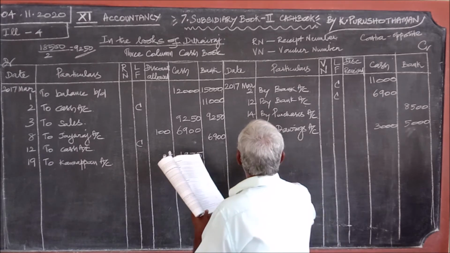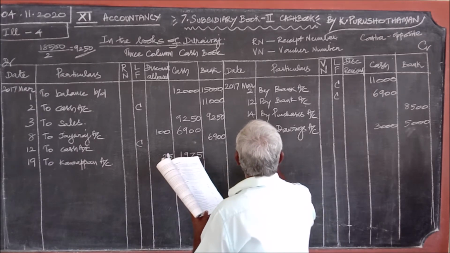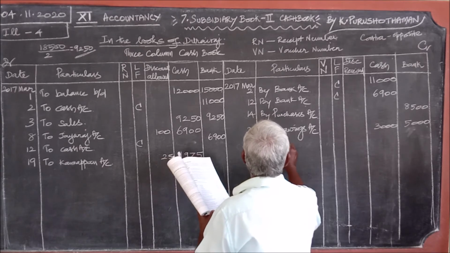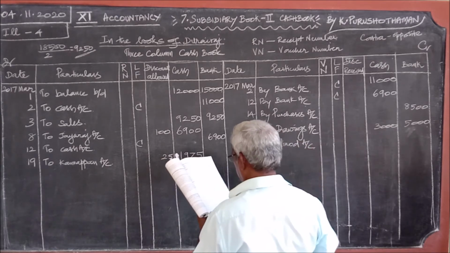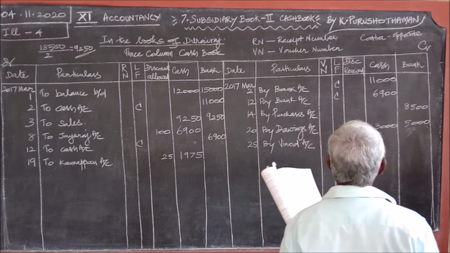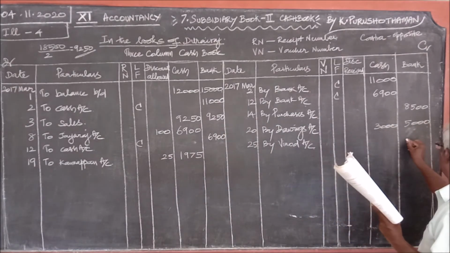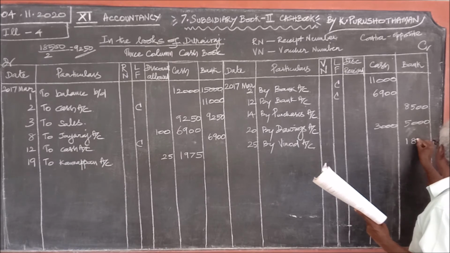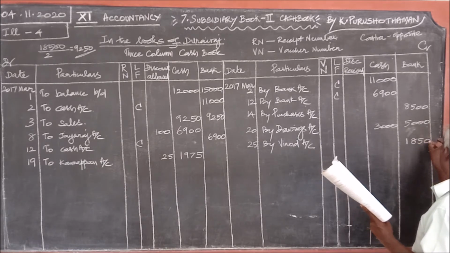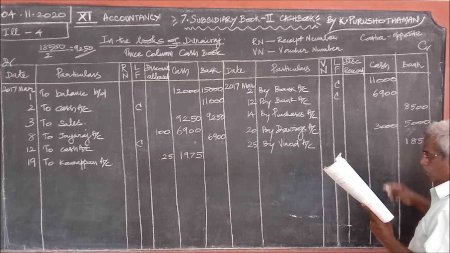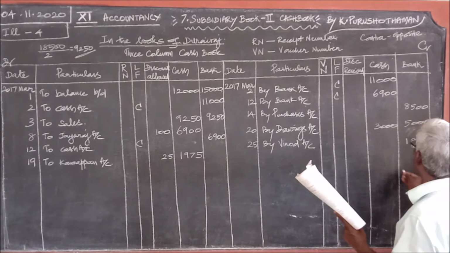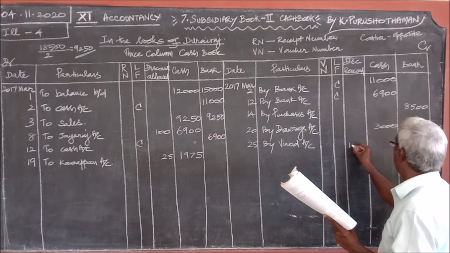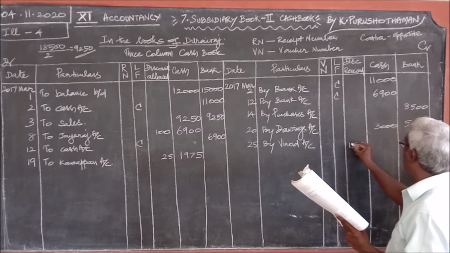Therefore, on 25th, by Vinod account, 1,850. Because for Vinod the amount is paid by check, therefore from the bank it goes out. And in full settlement of 2,000, therefore 150 is the discount.